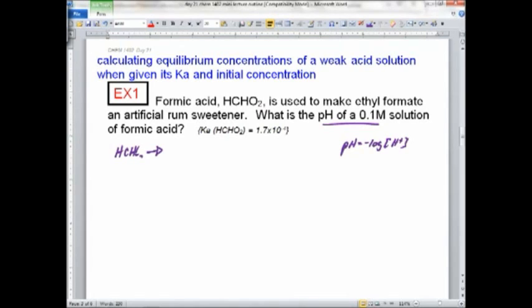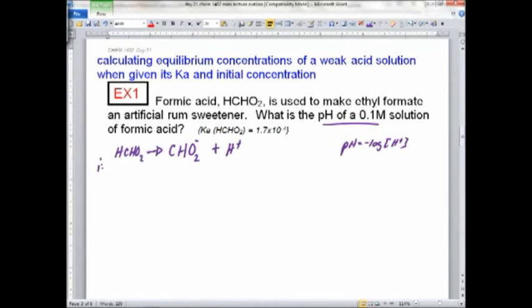HCHO2, good, goes to the CHO2 with a negative 1. Then everybody, plus H plus, good.